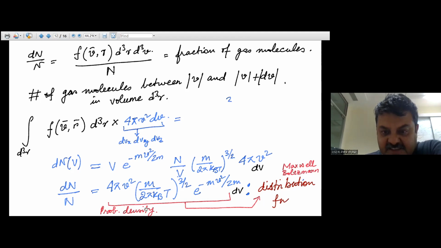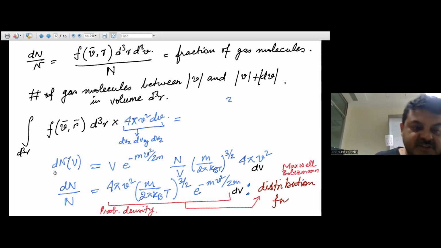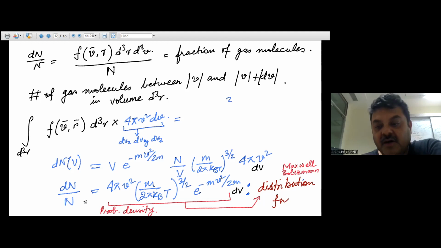Now this essentially is the probability density. So this quantity was the fraction of particles if you like, which would be proportional to the probability. So this is the probability of finding so many particles between velocity v and v plus dv, right?